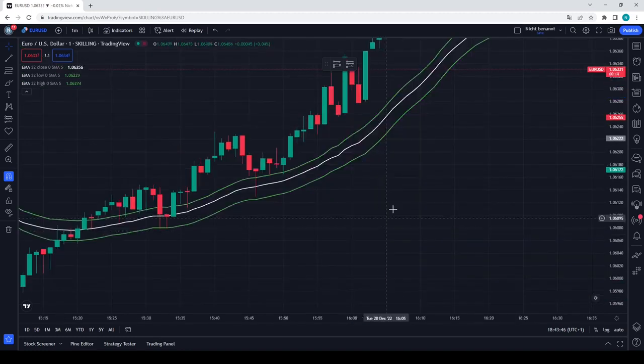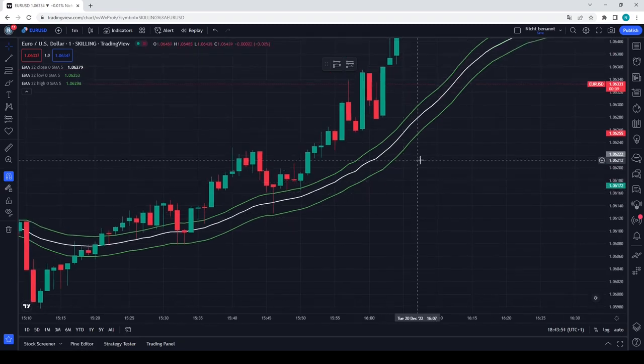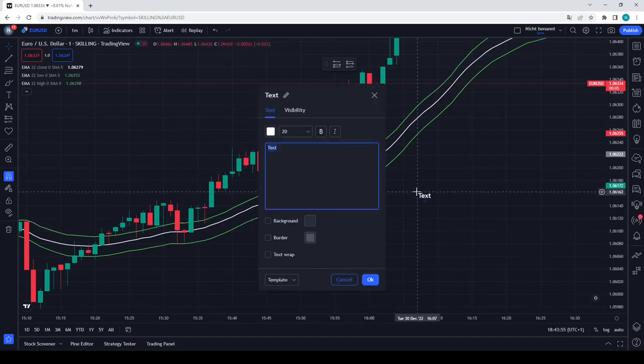The rules for a long trade are more or less the same, but in the opposite direction. So for a long trade, we are looking first, the market has to be above the EMA. Then as the second, the market comes back to the EMA.